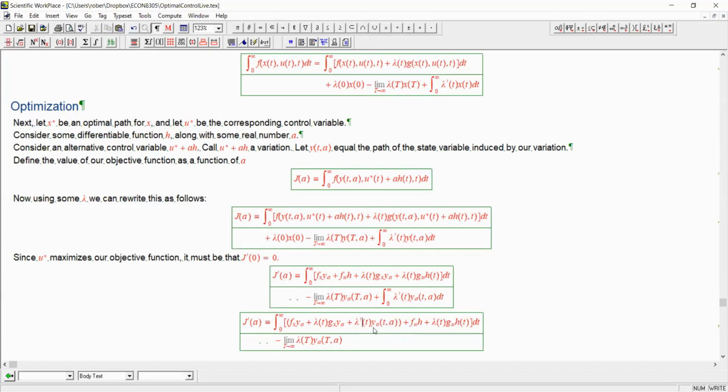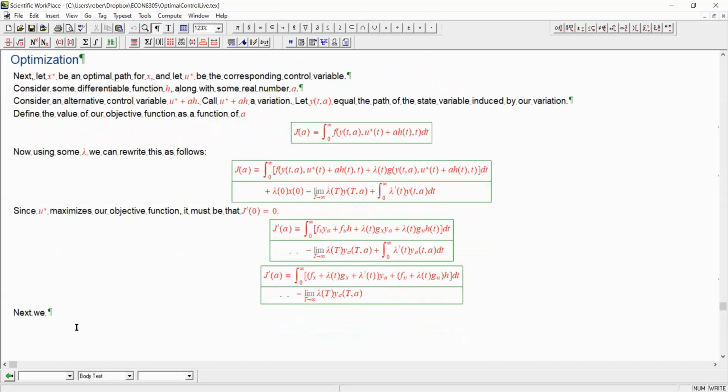And now we can factor out y sub a. Next, we can group the terms that have h. That's, of course, these two terms. Factor out the h. And there we are. So far, so good.